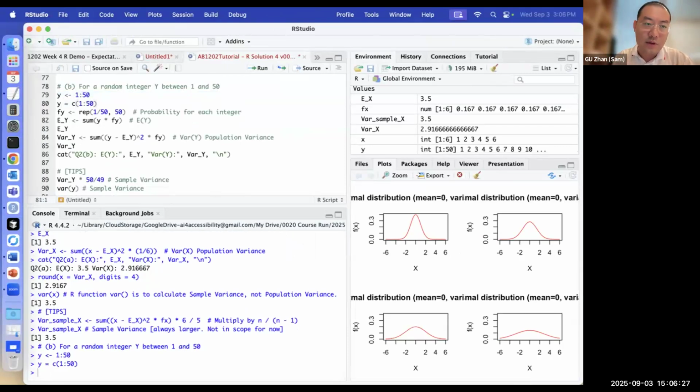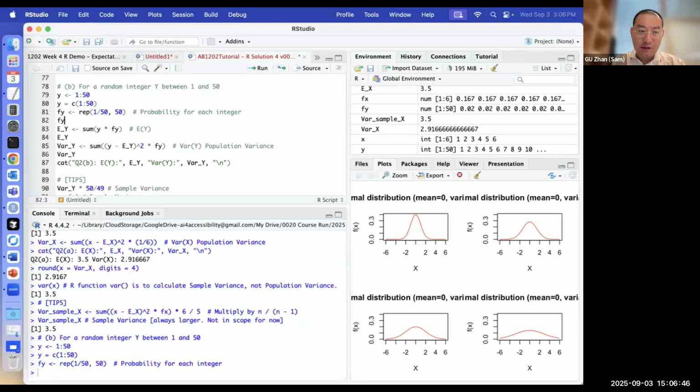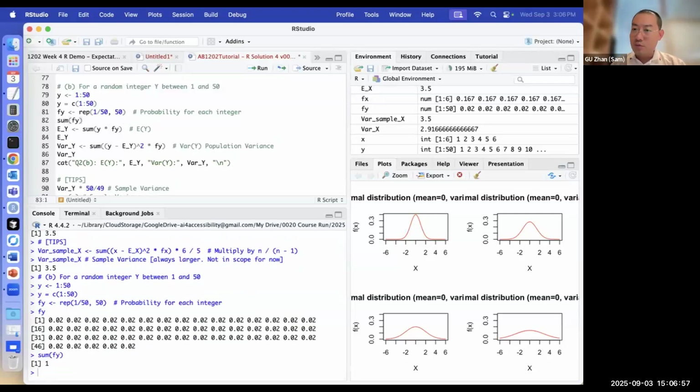The probability of y is 1 over 50, a simple sample space with equal probability. Now repeat it 50 times, then you have this Fy. Fy is just 0.02, 50 times. Then you add them together, it should be equal to 1. That's how I verify it. Sum Fy should equal 1, that's 100%.